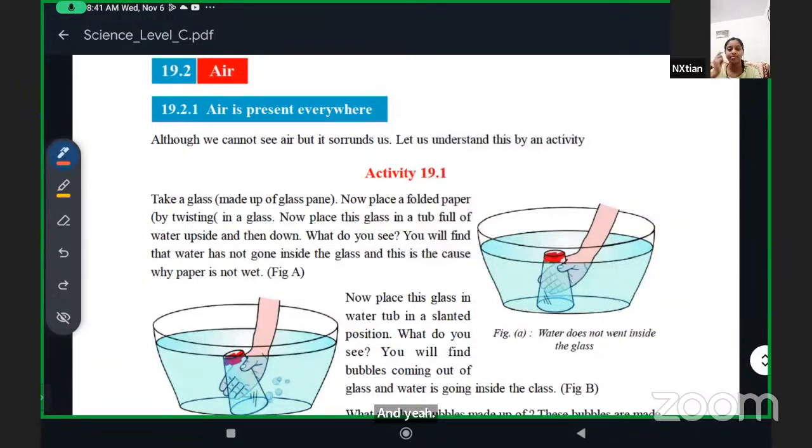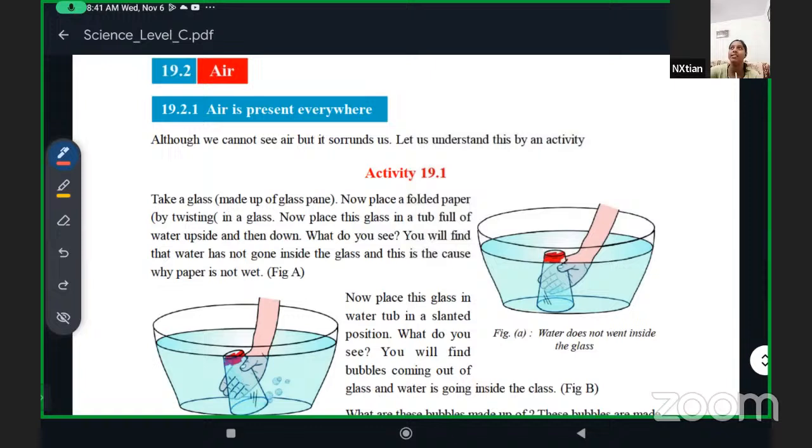Samir, you were saying something, giving an example of why air is important? For us to breathe.